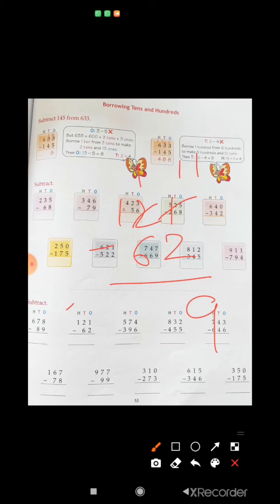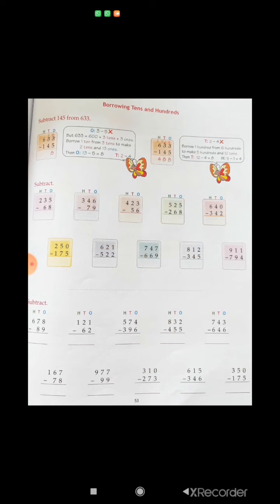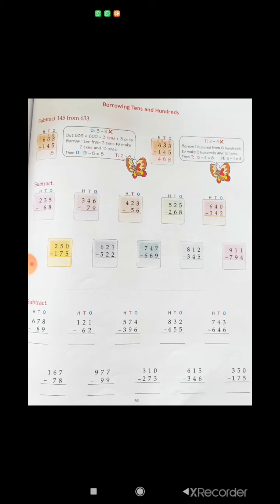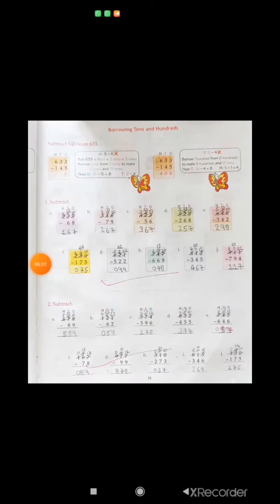Take borrow from here. Here will be 0 and then here 11. 11 minus 6 is 5. The answer is 59. Like this you do other part also in homework. Students, after doing your work, you match the answers from here.